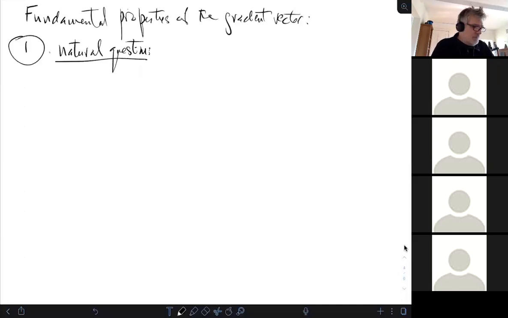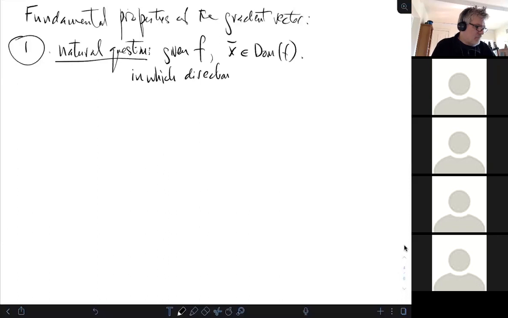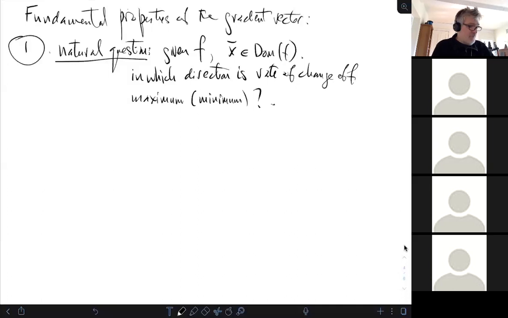So here's the question. I give you a function f and some point x bar in the domain of f. And the question is, in which direction is the rate of change of f maximum or minimum at x bar, right?